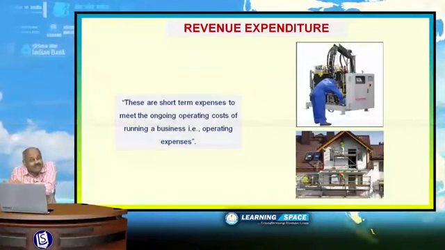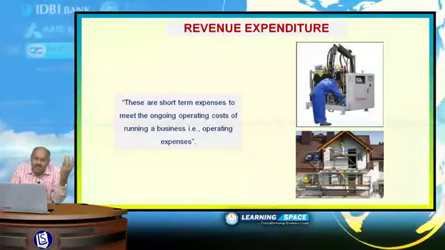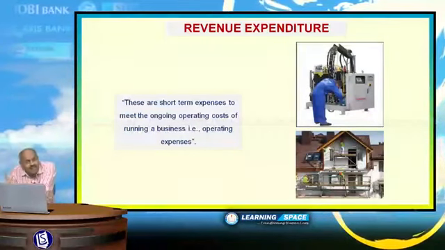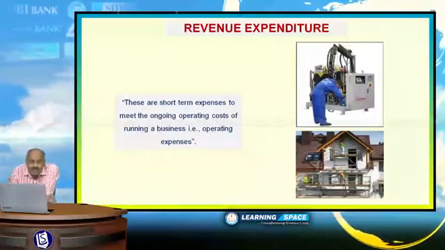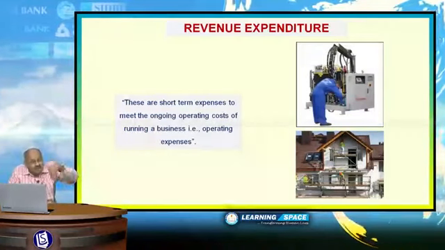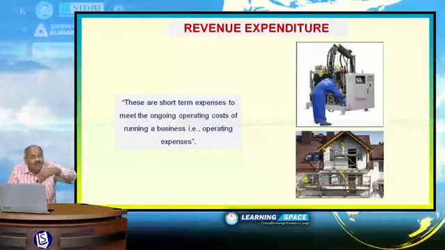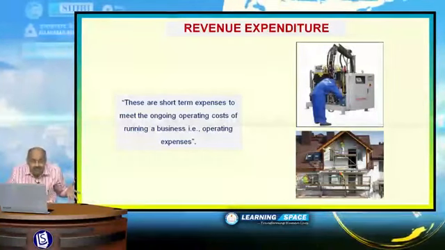That is revenue expenditure. You have purchased a new house, that is capital expenditure. You are undertaking repairs after 5 years, that is revenue expenditure. So revenue expenditure is basically for meeting the day-to-day operating costs of running an asset.